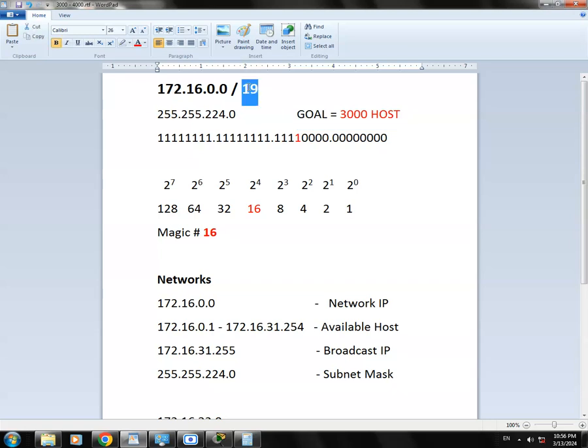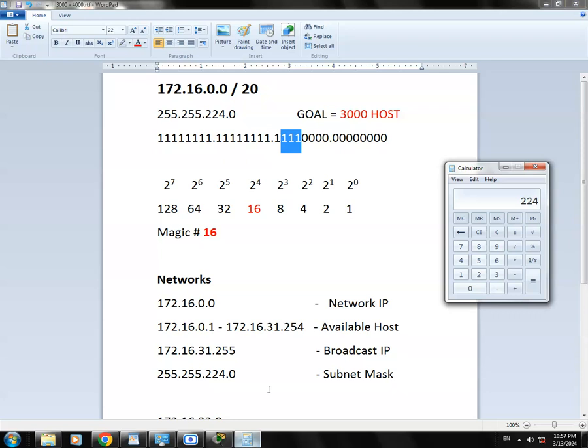And we need to change this slash 19. It will be 8, 16, 17, 18, 19, 20. So it will fall on slash 20. Let's get the subnet mask. Still 255 and then 255. And here, let me get the calculator.